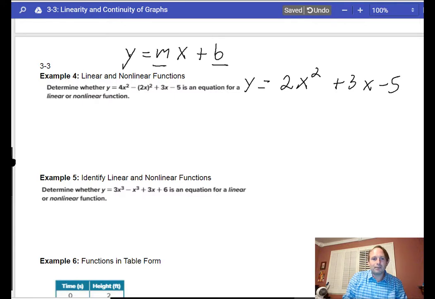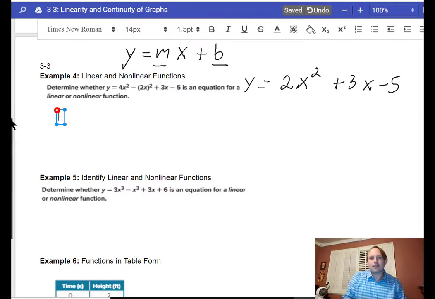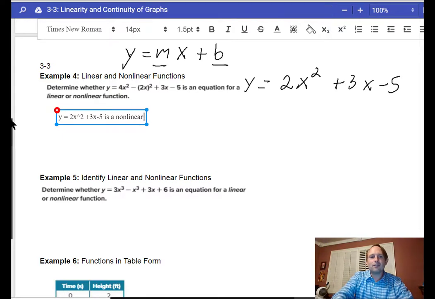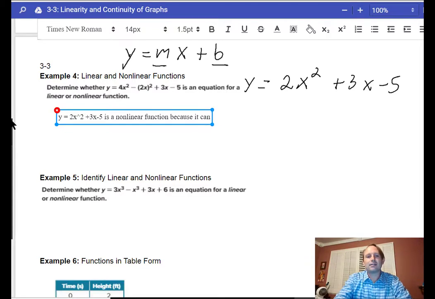So I would type it out: y equals 2x to the power of 2 plus 3x minus 5 is a nonlinear function because it cannot be put into y equals mx plus b form.